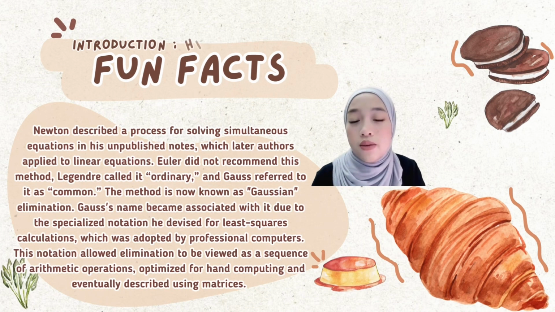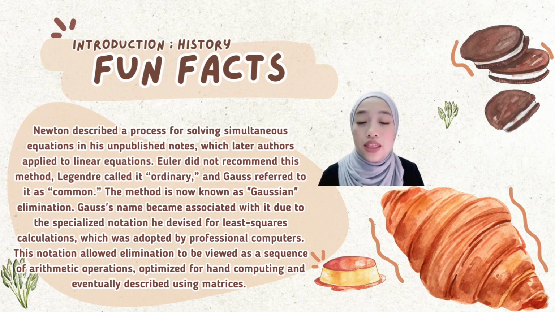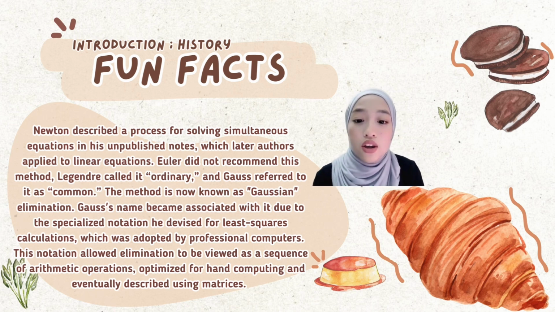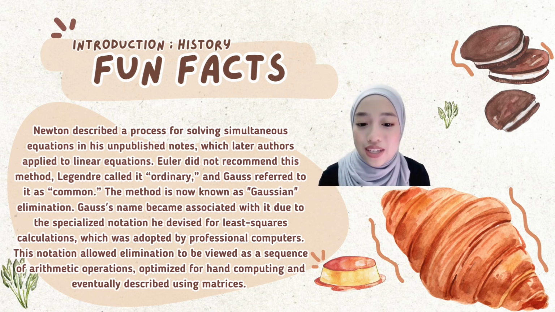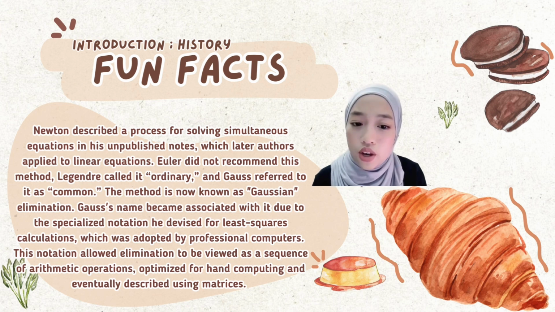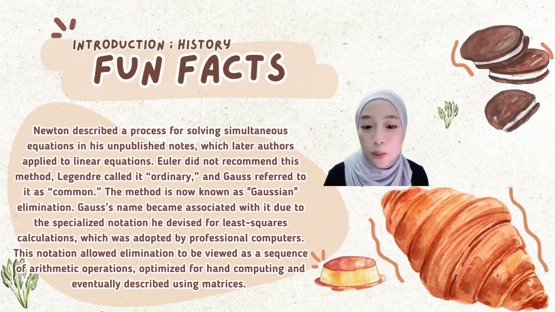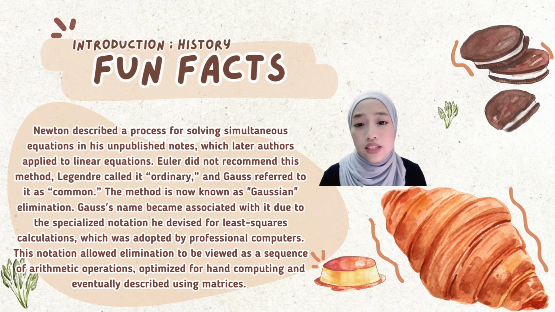The second fun fact about the history of the Gaussian elimination method is that Newton described a process for solving simultaneous equations in his unpublished notes, which later authors applied to linear equations. Then Euler did not recommend this method, Legendre called it ordinary, and Gauss referred to it as common. The method is now known as Gaussian elimination.